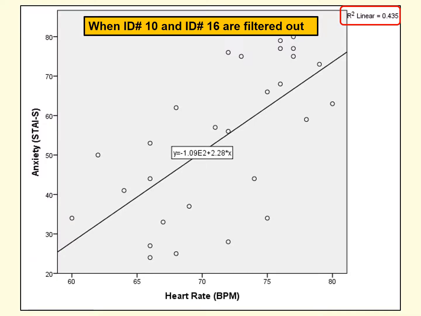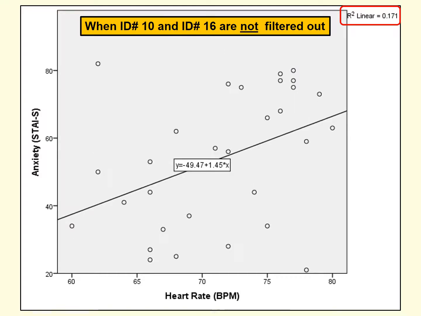If you make another scatter plot, it will now not include those two cases, and if you look really closely, you'll see the line is a bit of a better fit to the remaining data, and also the value for R squared is higher. In fact, it's more than a little bit higher. Before, with ID number 10 and ID number 16 in the data set, the R squared was about 0.17. Now it's 0.43 or maybe even 0.44. So quite a better fit for the data once we've removed those cases.